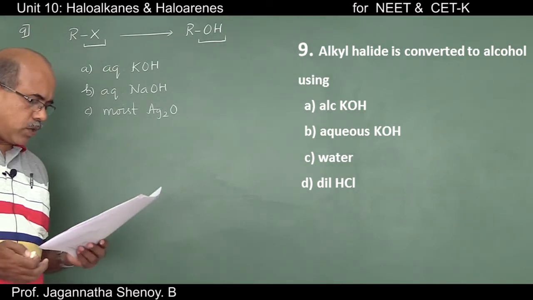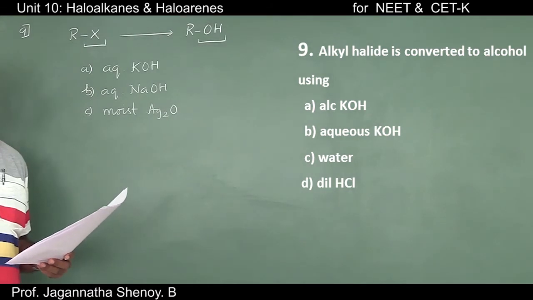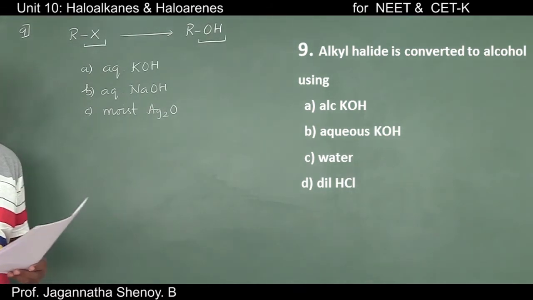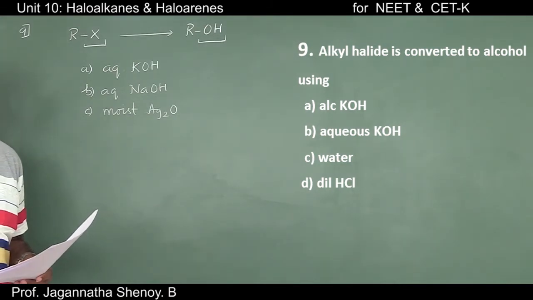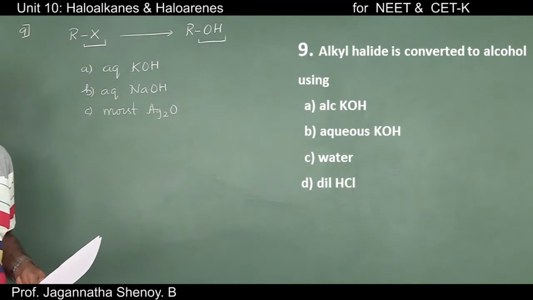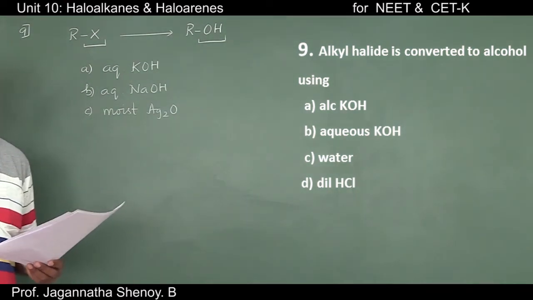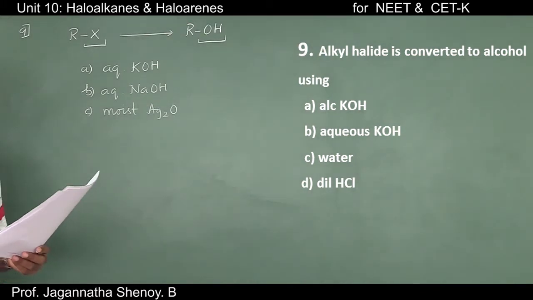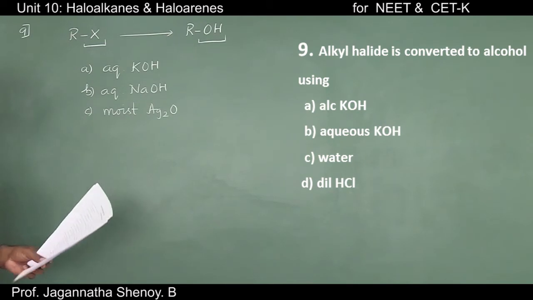Now based on this you can answer. Alcoholic KOH I can't use, because alcoholic KOH brings about dehydrohalogenation, and dehydrohalogenation of an alkyl halide always gives you alkene. So alcoholic KOH cannot be used, so option A is ruled out. Aqueous KOH, can I use?